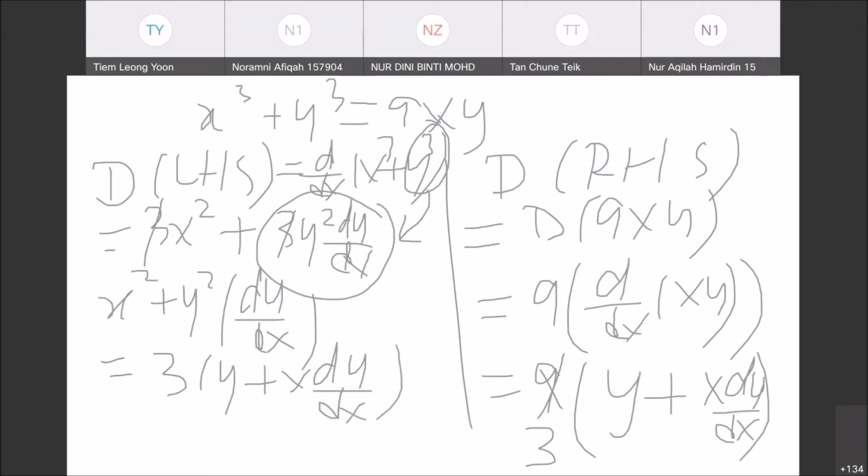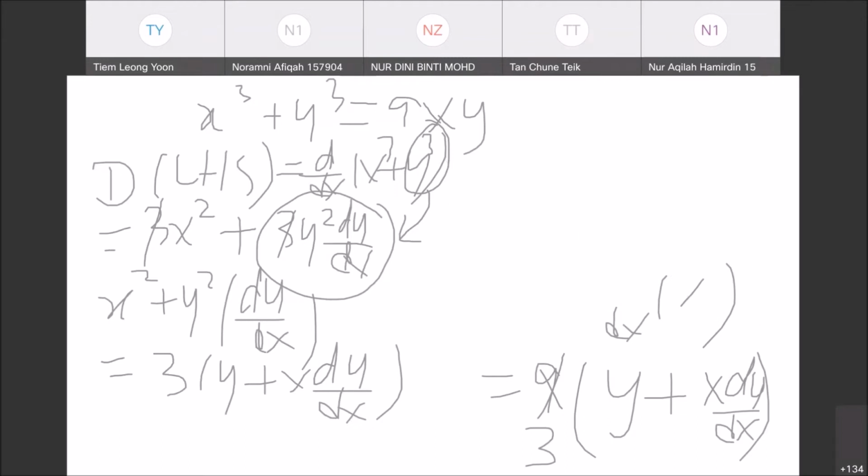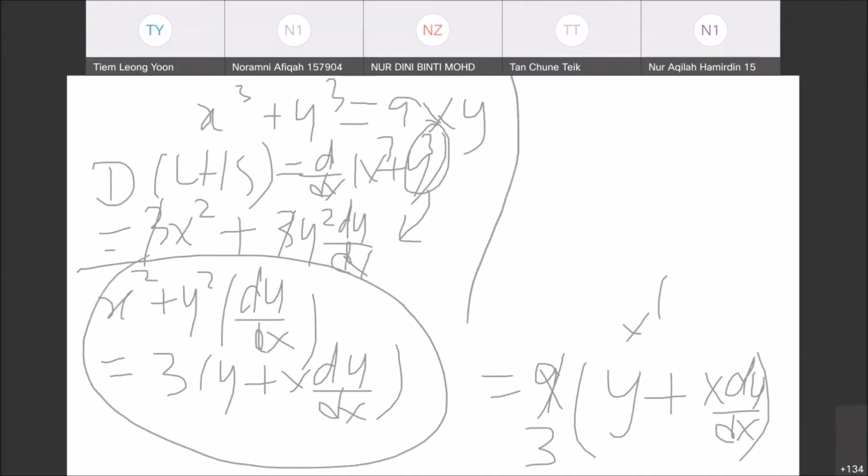Then you just have to simplify this by collecting the expressions of dy dx to one side. Let me see. So that is almost done, isn't it? These expressions could easily be shown to be dy dx equals something.